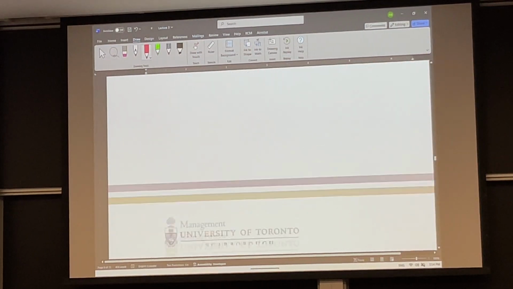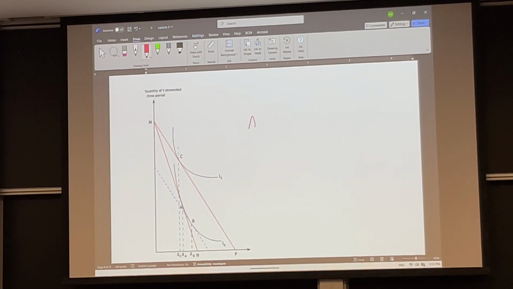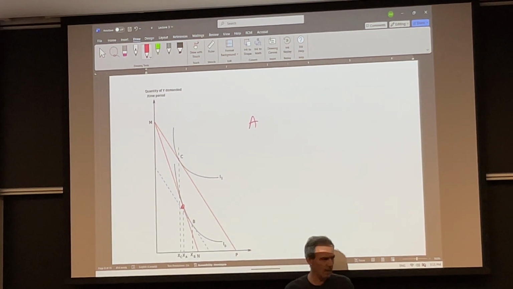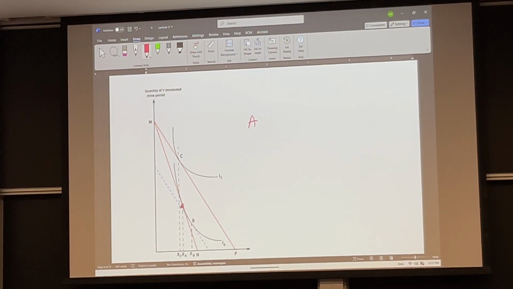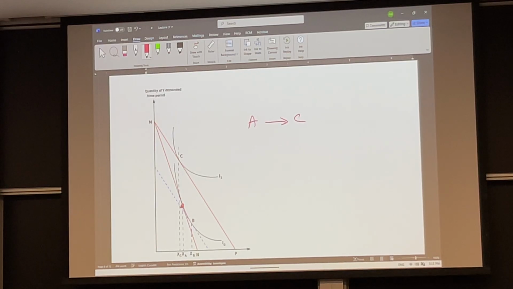The same thing is what you see here. The initial point is A. That's what the question says. That's the initial budget line. The budget line shifts. C is our terminal point. So what is A to C?